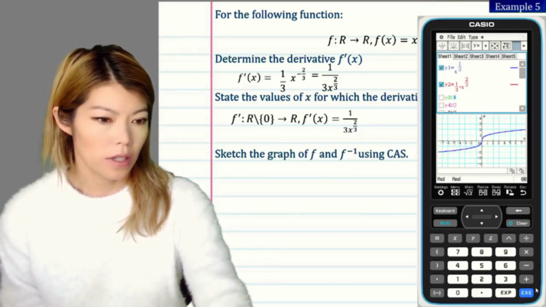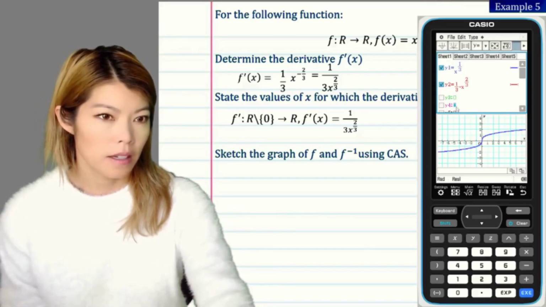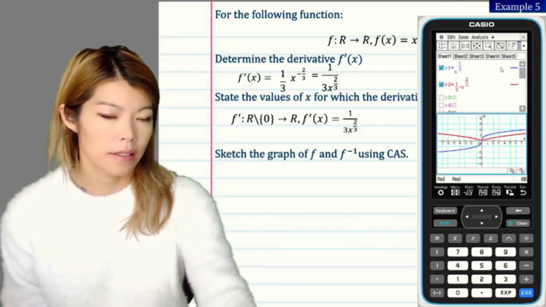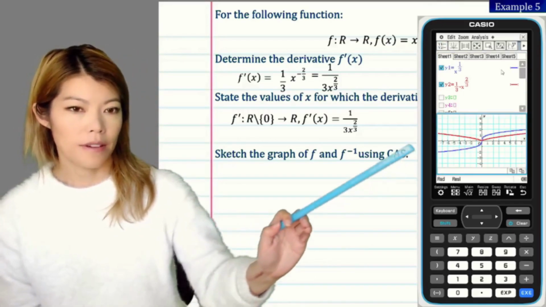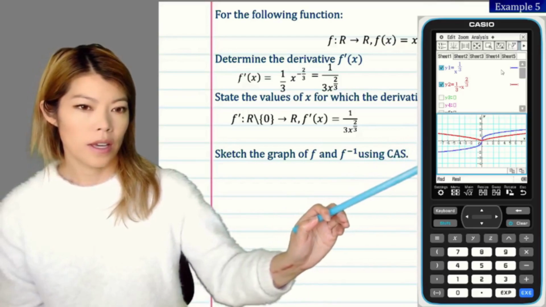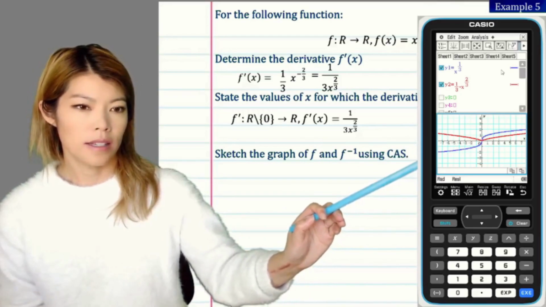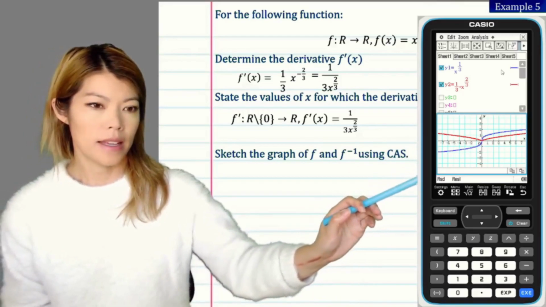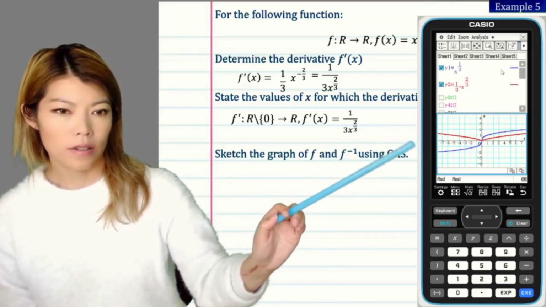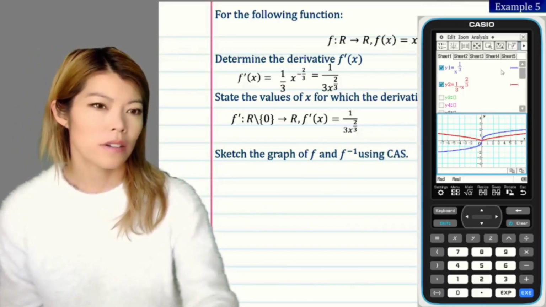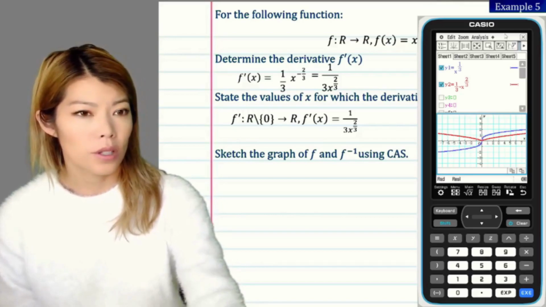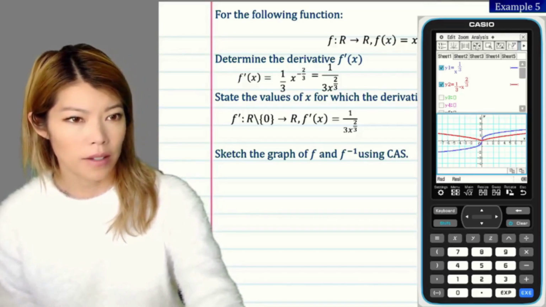Let's see if it looks like what we expected. There it is. So we have a big value getting smaller and then bigger again. So remember that 0 doesn't exist, but it's very hard to see on the CAS. So make sure that you can calculate that yourself.